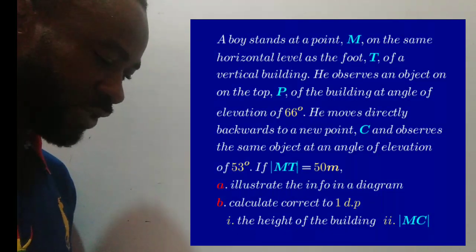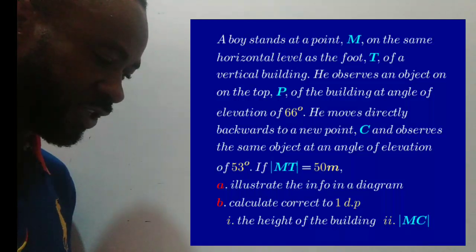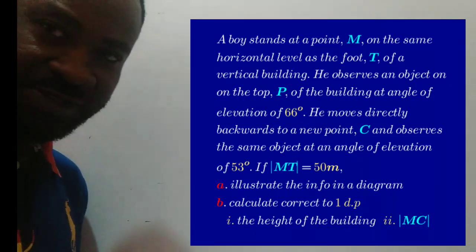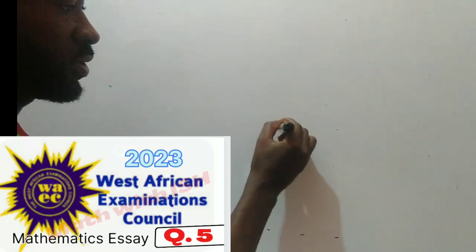Now it says a boy stands at the point N on the same horizontal level as the foot T of a vertical building. So let's start with our first statement: a boy stands. Let's use this point as the boy and bring it down a little bit.